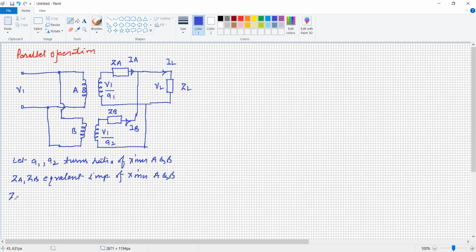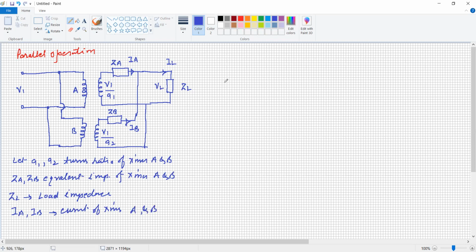ZL is the load impedance. It is common on the secondary of transformer A and transformer B. Similarly, IA and IB are the currents of transformers A and B respectively.